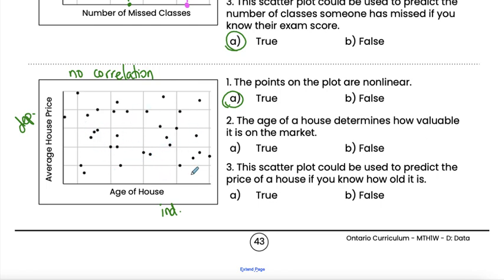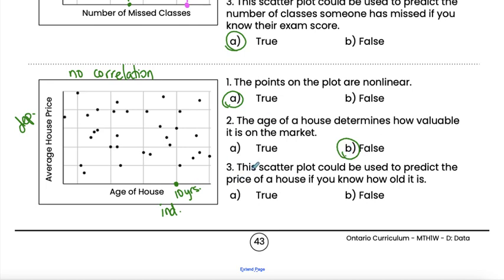No. If a house is, again, I don't know what the scale is, but let's say a house is 10 years old, if I come up here, I don't really know for sure if it's going to sell for a little bit or if it's going to sell for a lot, right? So I can't determine that. So the age of a house determines how valuable it is on the market? No, I'm going to say false.